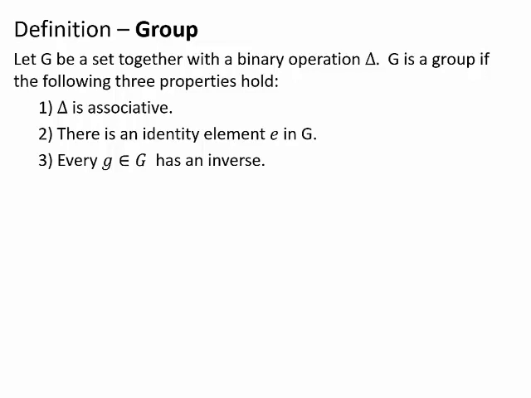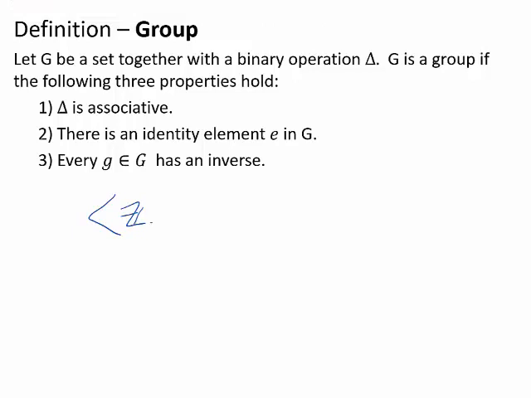Delta is associative, there is an identity, and every g in G has an inverse. So that needs to be memorized, and you can look back on the sets that we've talked about today and see that just a few of them were groups. I'll write down the ones that were, and you can go back and verify.